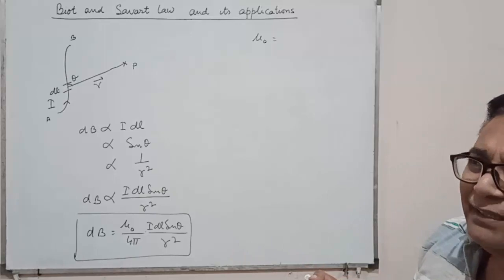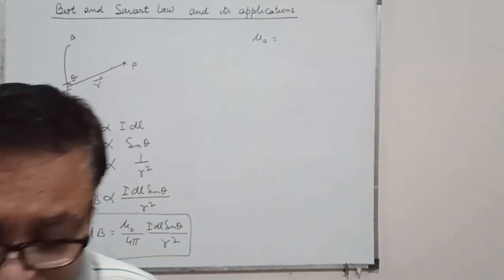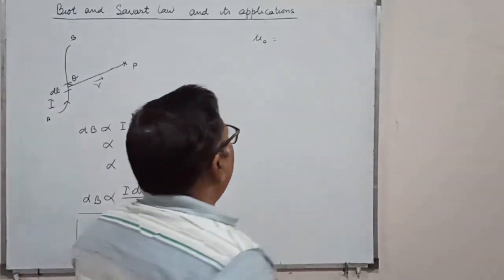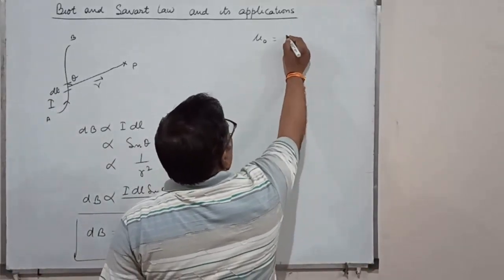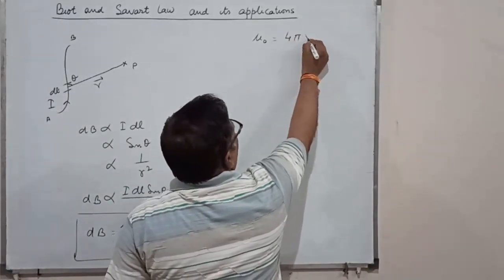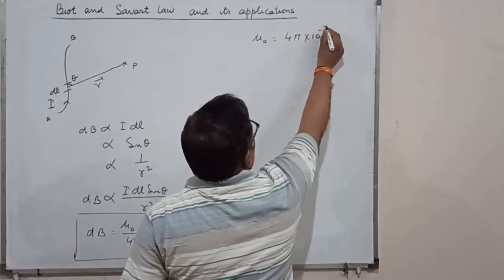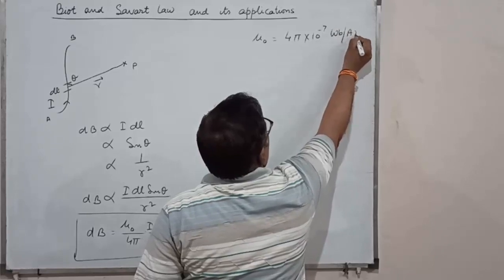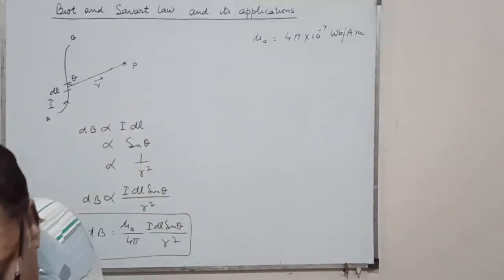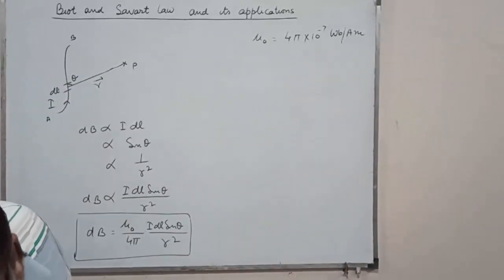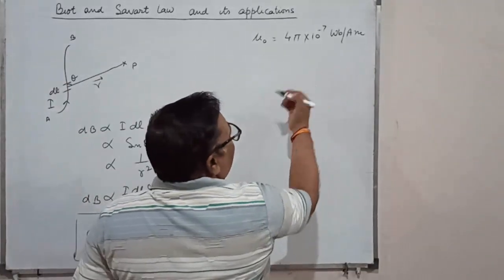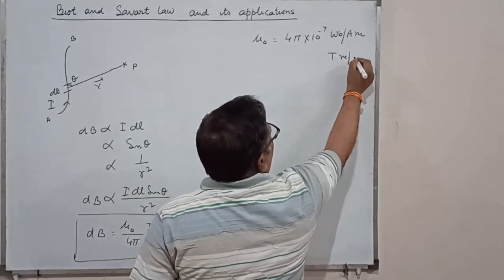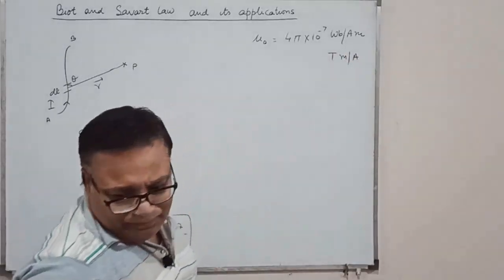Mu naught is called the permeability of free space and its value is 4 pi into 10 to the power minus 7 Weber per ampere meter, or in the other unit, Tesla meter per ampere.